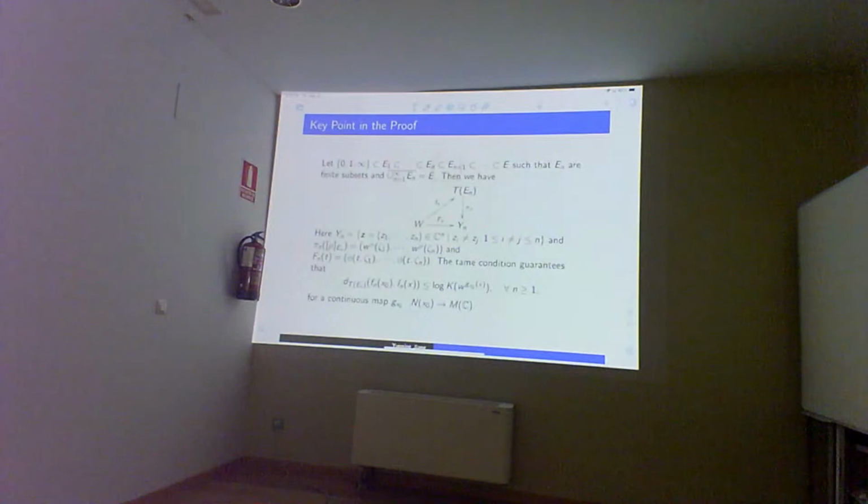It guarantees that the distance from Fn(x) to Fn(x0), where x0 is the base point, I used t before but it doesn't matter, can be controlled by log K for all n. That means universal control. Then you have some kind of normal family argument, so that g is a continuous map.